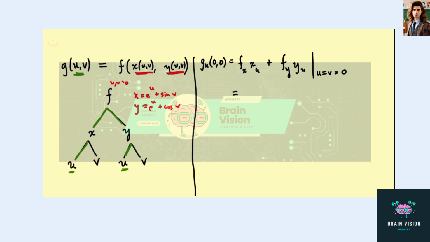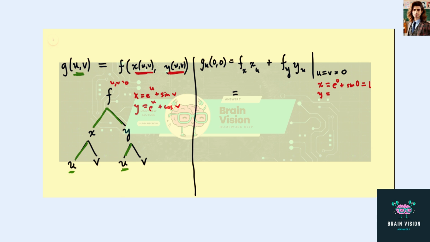So when u and v are both 0, let's write what x and y are so we don't get confused. x equals e to the 0 plus sine 0. e to the 0 is 1, sine of 0 is 0, 1 plus 0 is 1.